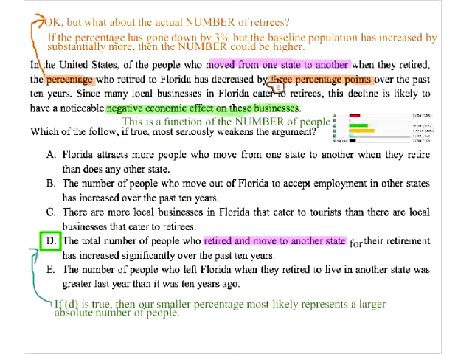of retirees. If you guys want, you can slap some numbers on these and see if that makes more sense. But the point about these problems is not to think in terms of numbers.